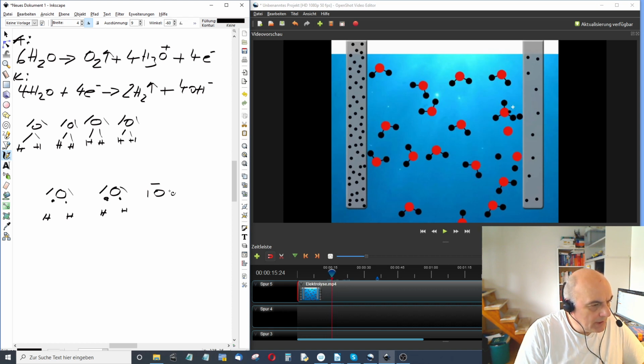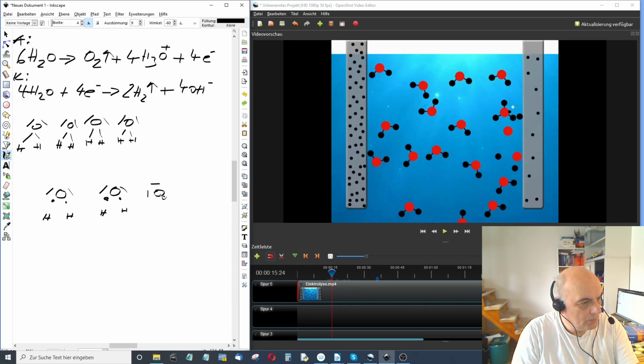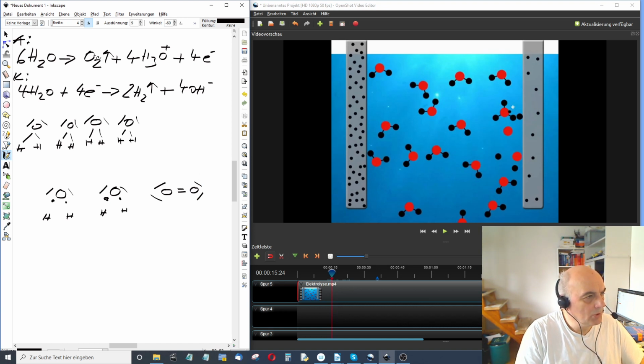They will go 2 bonds. Oh, you have to write it like that. With their 2 free electrons, they form a double connection, a double bond, and this is the O2 that goes out of the water again.